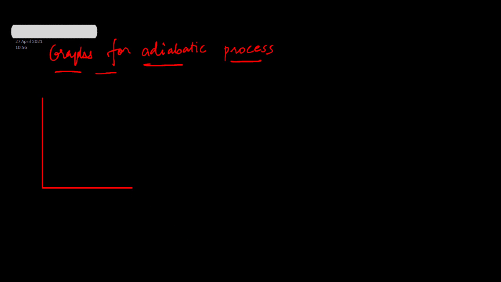So let's say that this is a PV graph for adiabatic expansion. Expansion એટલે volume should increase, so it will go from, let's say, point A to, let's say, a point B, right?